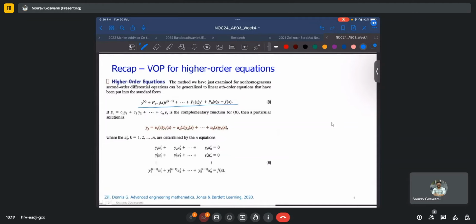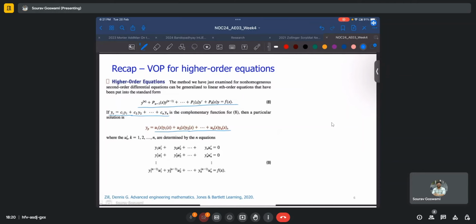So it's an nth order, so the complementary function will be a linear combination of n solutions. Say the complementary function yc is c1 y1 plus c2 y2, and so on till cn yn. Then the particular solution again will be of the form u1 y1 plus u2 y2 plus u3 y3 and so on till un yn.